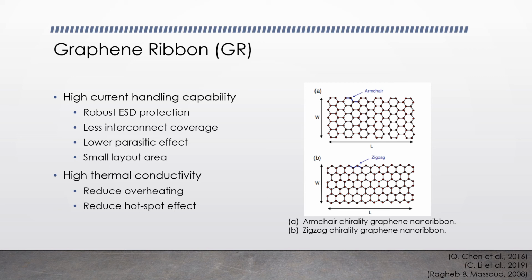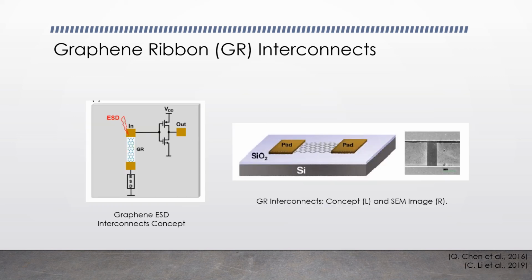The outstanding mechanical strength also makes a graphene ribbon a perfect candidate for interconnect, which is often a weak point for on-chip ESD protection.